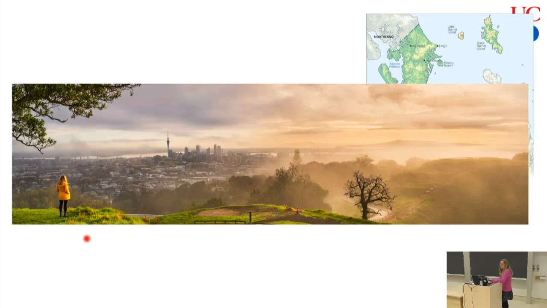And this is taken from a volcano called Mount Eden. There are a lot of volcanoes, dead, extinct, so you don't have to worry about them. You can go up each and safely look at the views.